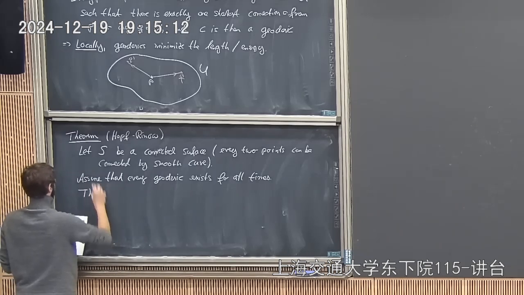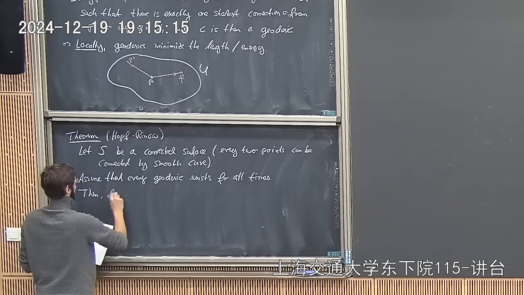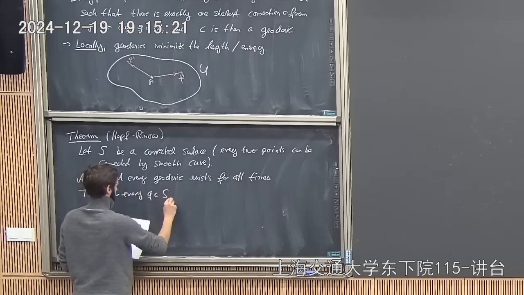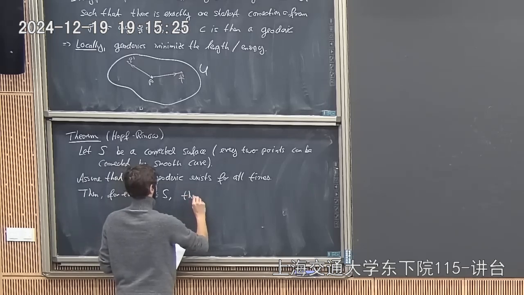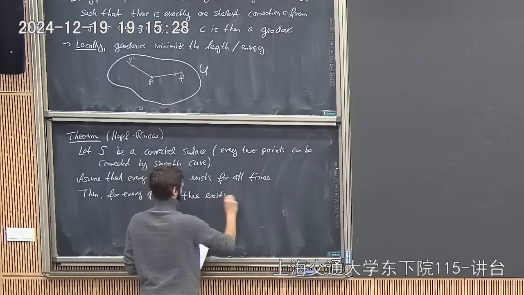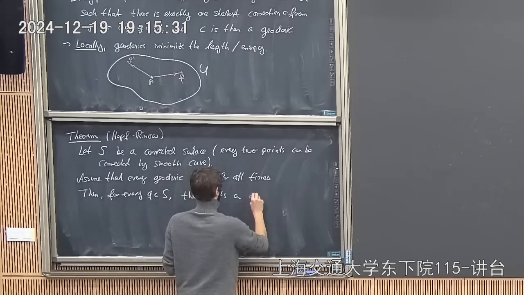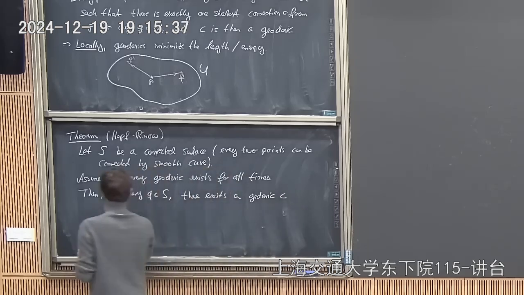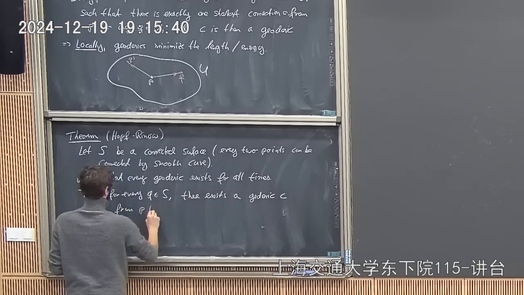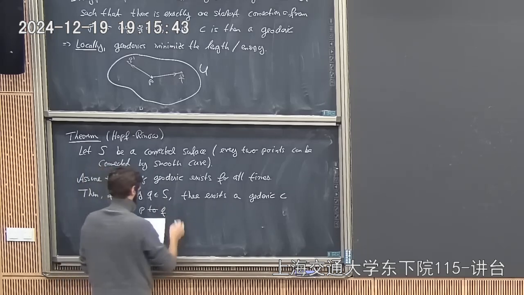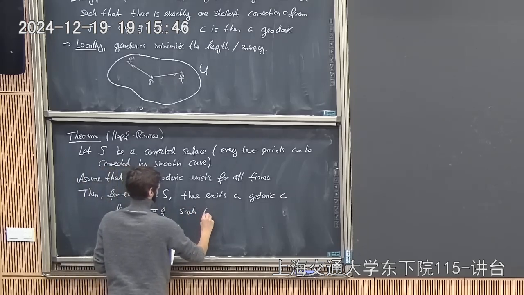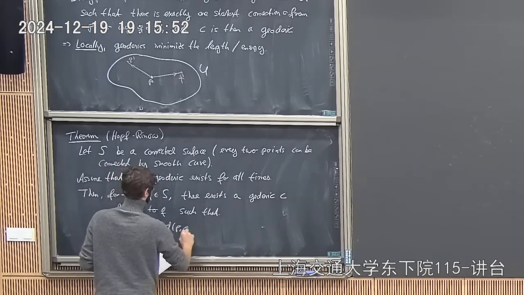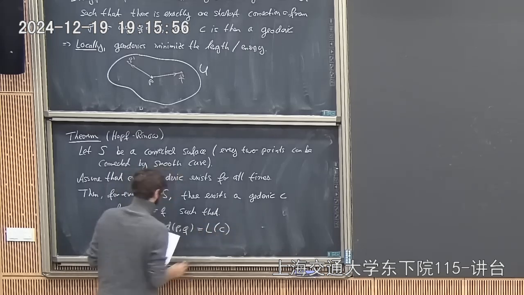But then the proposition or the theorem says that for every point in the surface, there exists a geodesic C from P to Q that minimizes the distance, namely the distance between P and Q equals the length of the curve.